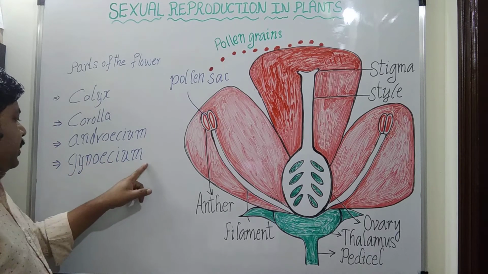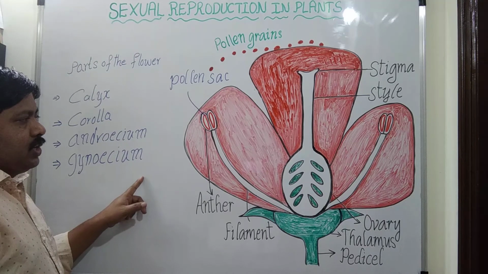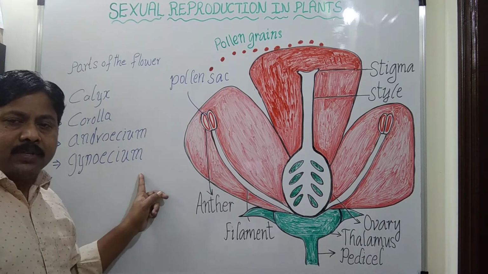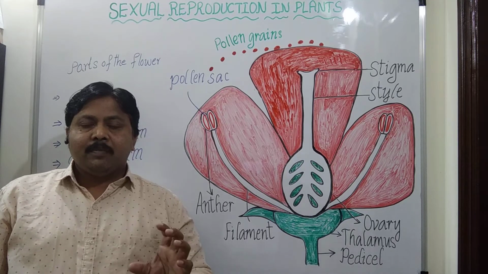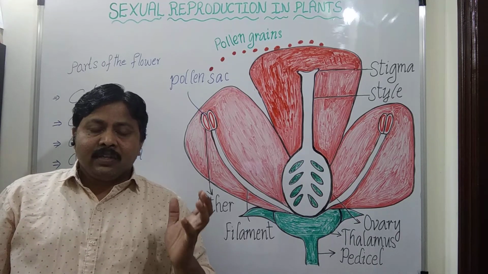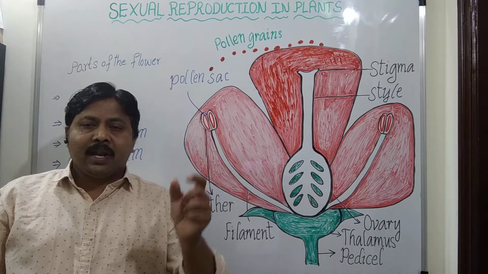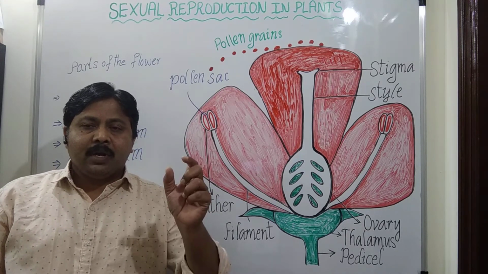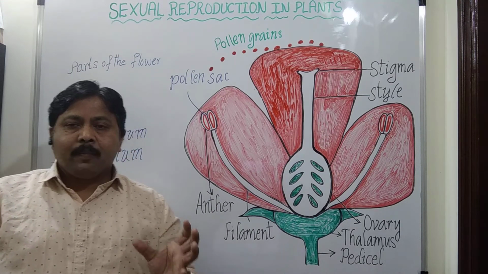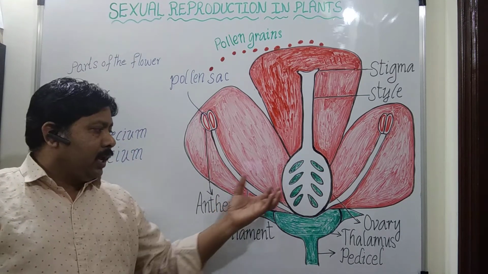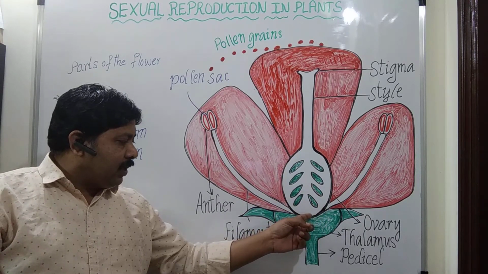Next, gynoecium. The gynoecium is mainly divided into three parts: stigma, style, and ovary. Stigma is the platform for receiving the pollen grains. Style is a tubular structure that connects the stigma to the ovary inside. Ovary is a bulb-like structure. It is present in the flower on the thalamus.